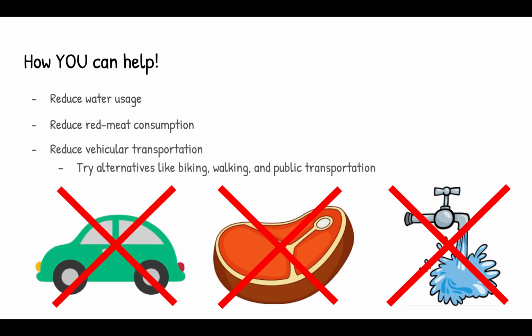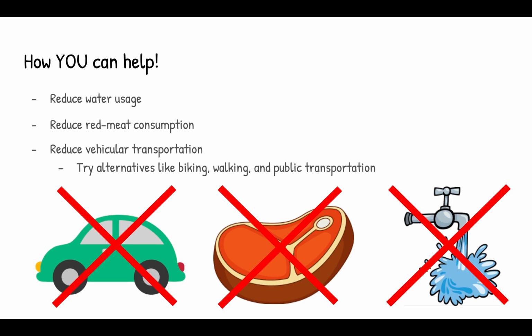And also, you can reduce your vehicular transportation, so primarily cars. You could also try alternatives like biking and walking for shorter distances. And you can also take public transportation, which can host many people while only driving one vehicle, rather than all those people in that bus or subway, for example, taking their own cars.